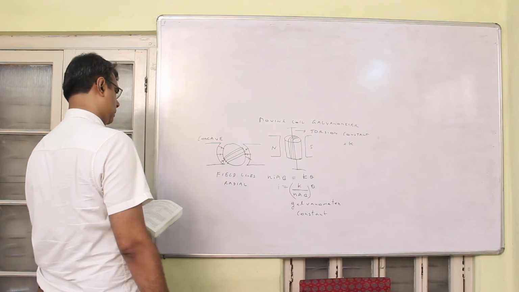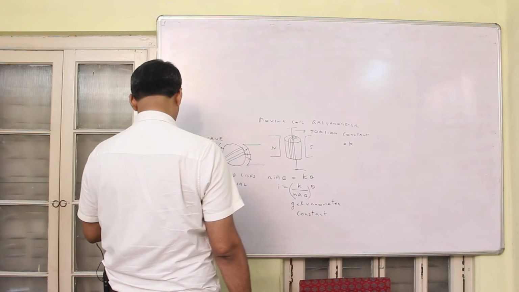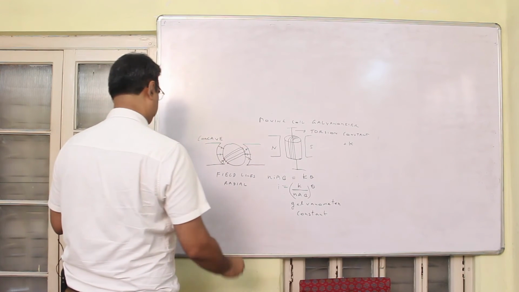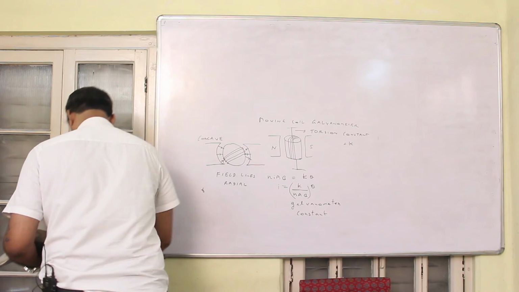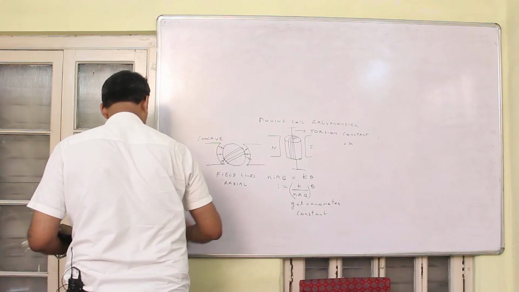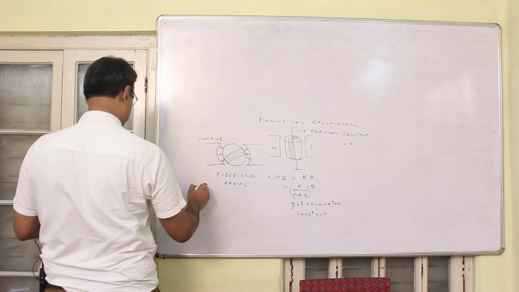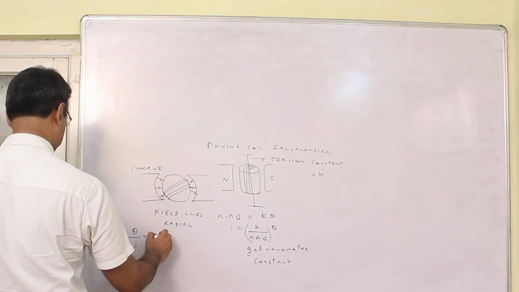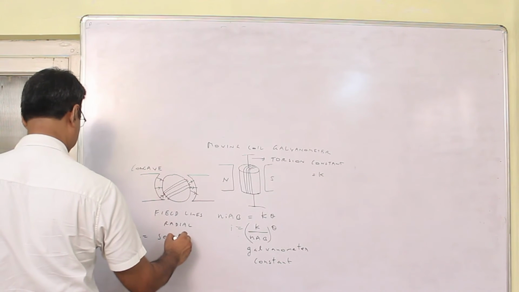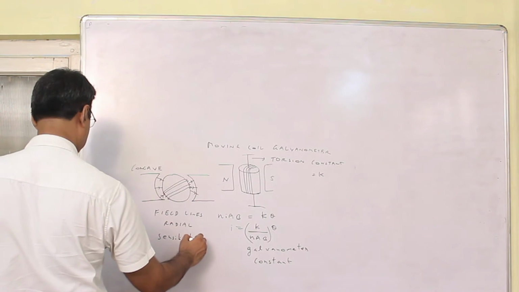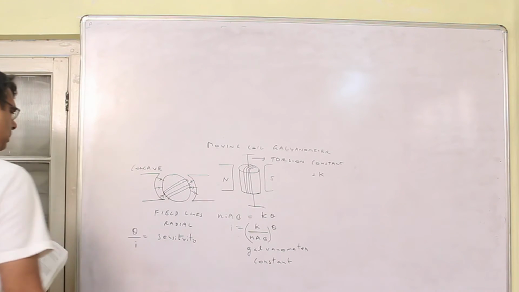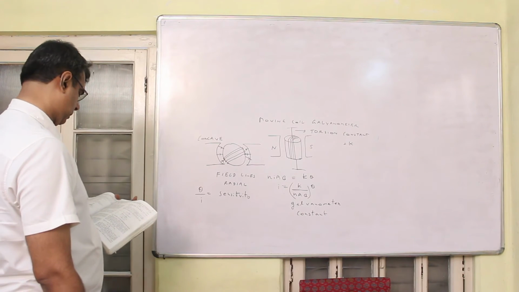So K by NAB is called galvanometer constant. Another thing, theta by I is known as the sensitivity of the galvanometer.